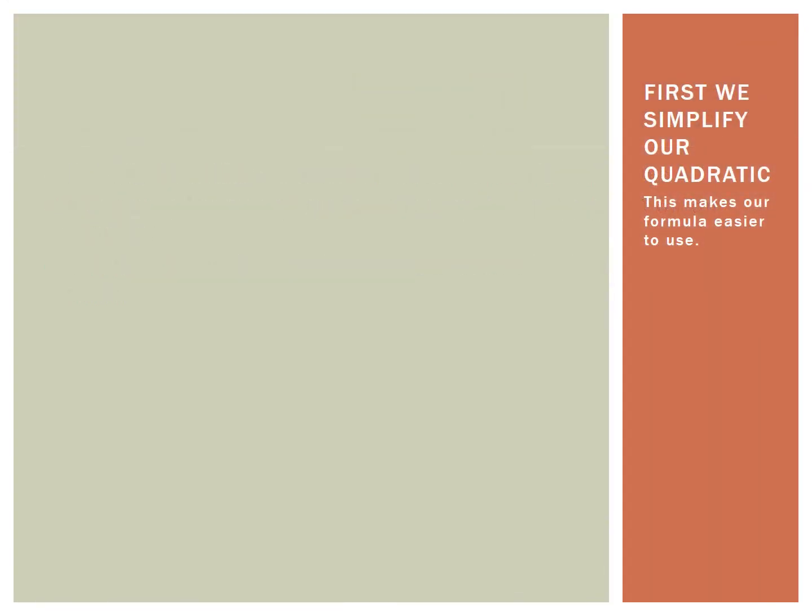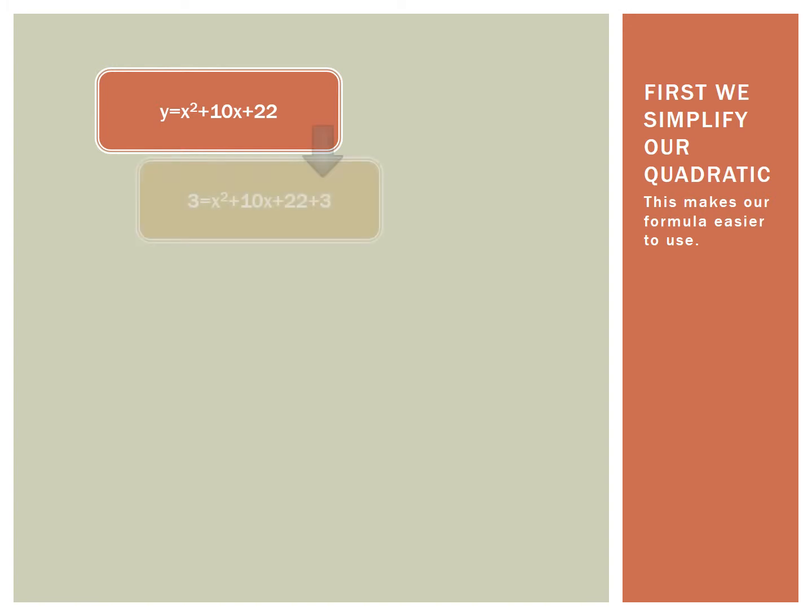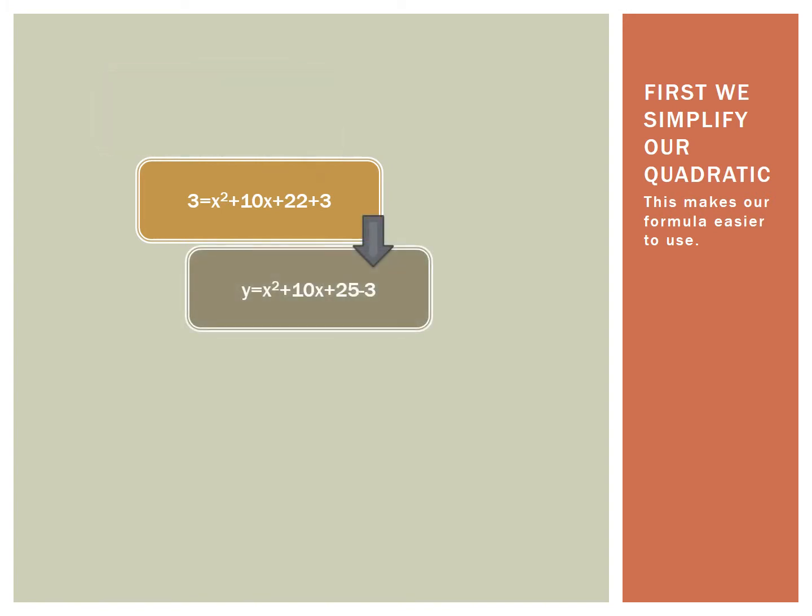So first we're going to simplify our quadratic. This makes our formula easier to use. So our quadratic is y equals x squared plus 10x plus 22. So first we're going to complete the square. Our first step is to add 3 on both sides, so that we can get a perfect square trinomial.